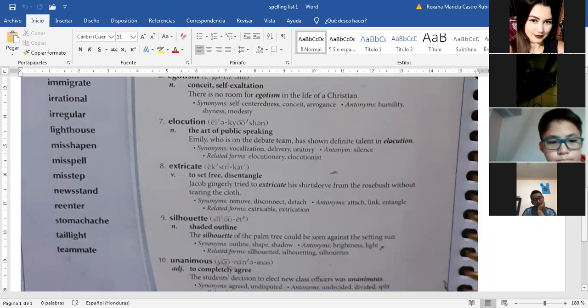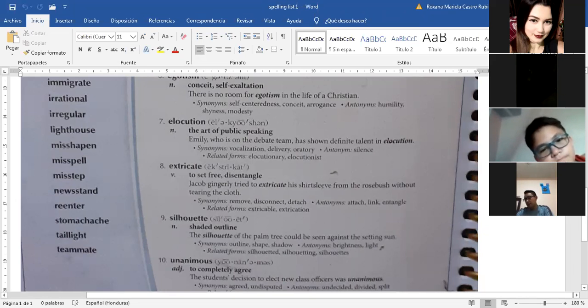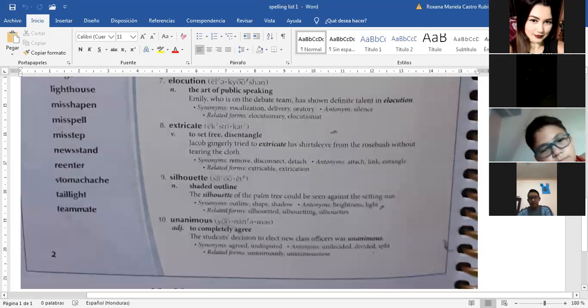Now tell me a sentence with that word. The silhouette of my bed lamp looks like a dinosaur. Exactly. Very good. Good sentence. You did it great. Now the next, it says unanimous.